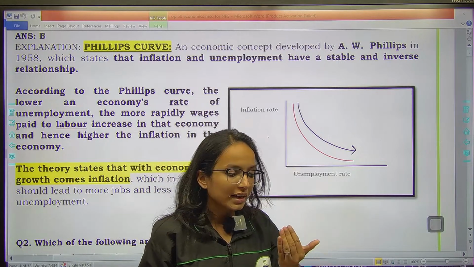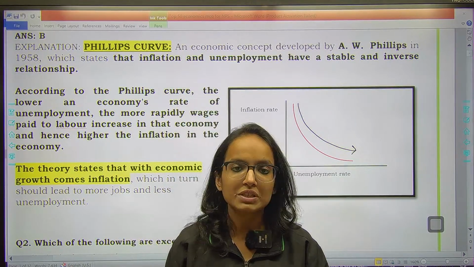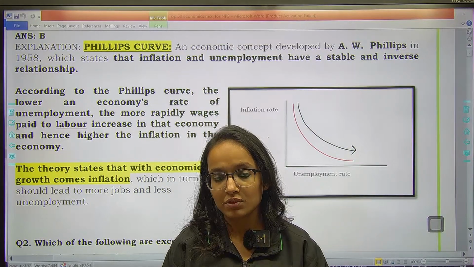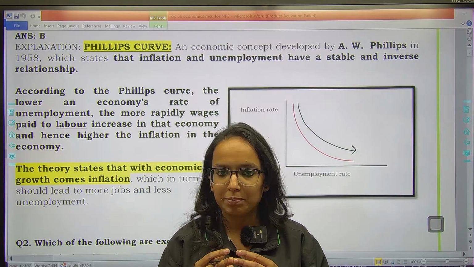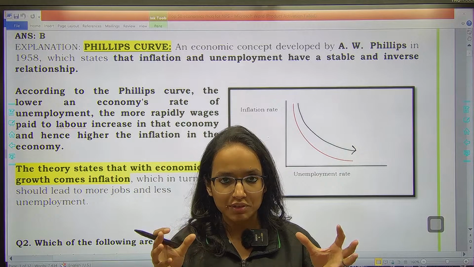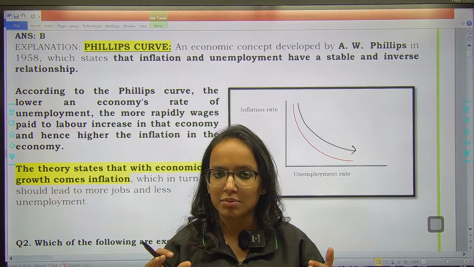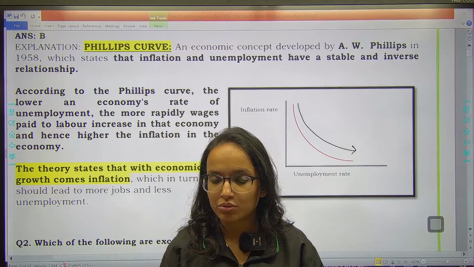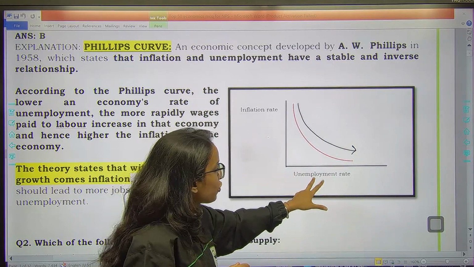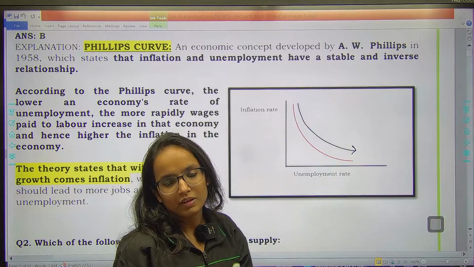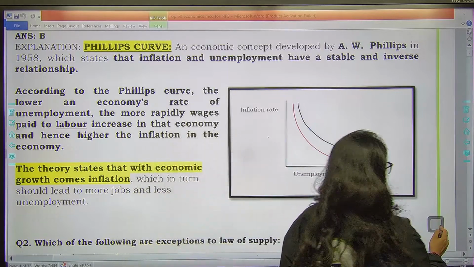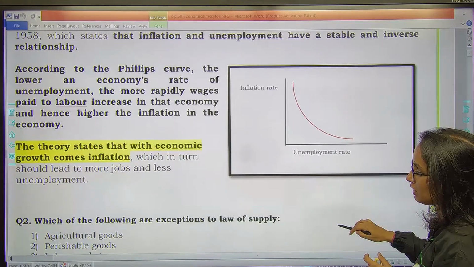It shows that inflation is necessary for growth. Always remember a certain level of inflation is desirable. Presently we have a desirable bracket of 4 plus minus 2%. Without inflation there cannot be growth. So inflation has to be there if you want to reduce unemployment. This is the Phillips curve. So the first question's right answer was the Phillips curve. Next question.